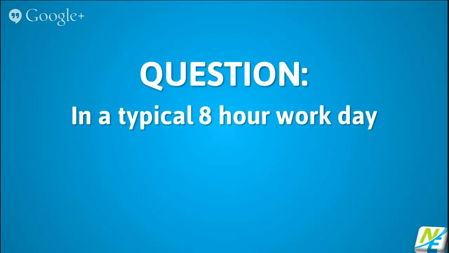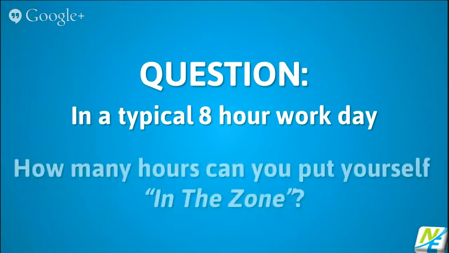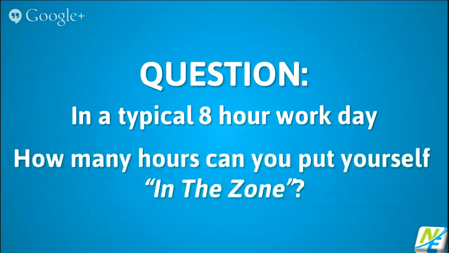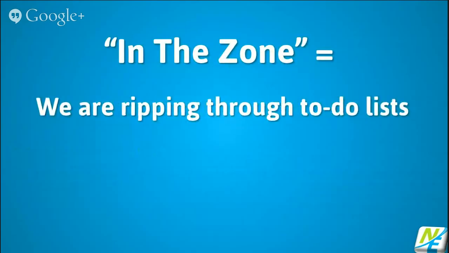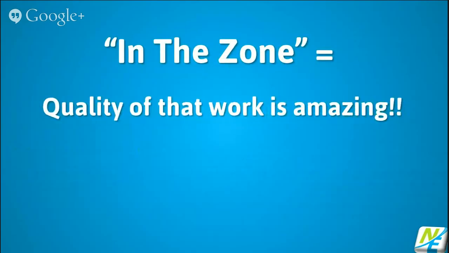So let's start with a question. In a typical 8-hour workday, I know a lot of people probably don't work 8 hours, but let's say we work 8 hours in this day. How many of those 8 hours can you put yourself in the zone? By in the zone, I mean that insanely productive state where you're ripping through your to-do lists and the quality of the work you're doing is amazing.